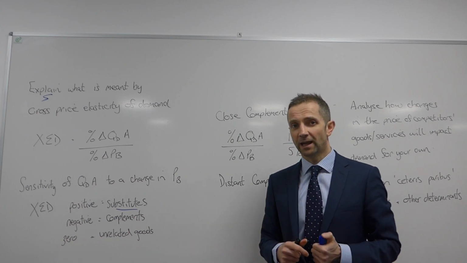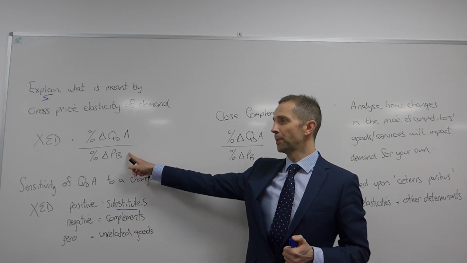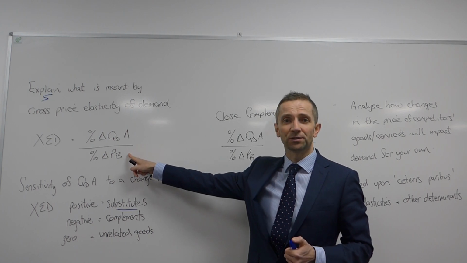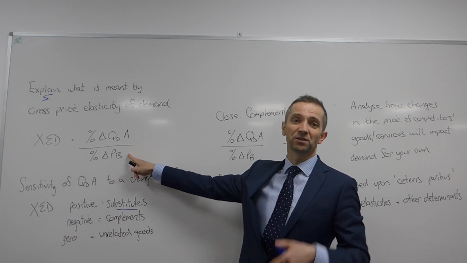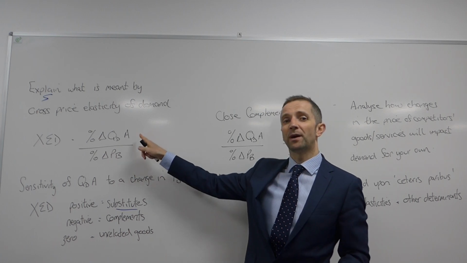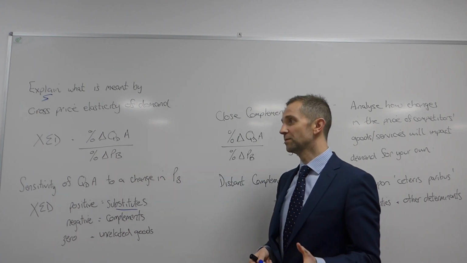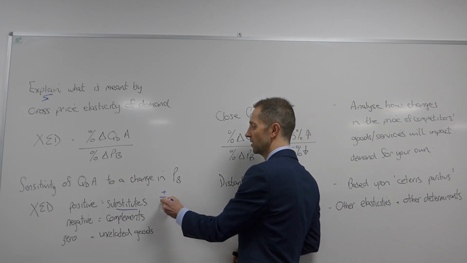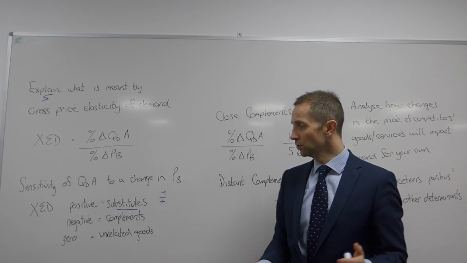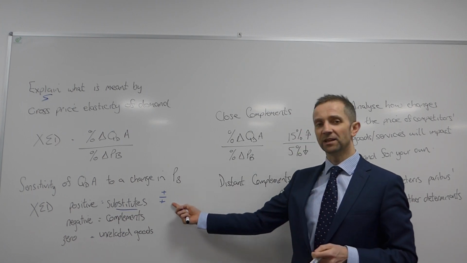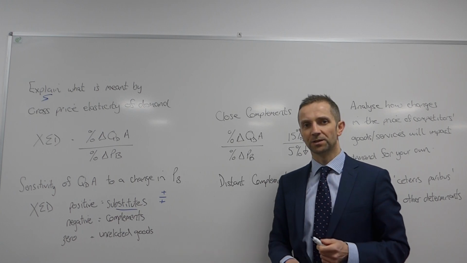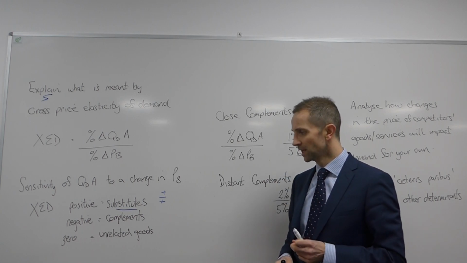So if we say that the price of tea goes up, well, if that's the case, then it's probably also going to be the case that people will switch to the substitute, and so they will buy more coffee. So the quantity demanded of A would go up. So in that instance, you'd have a positive over a positive to give you a positive outcome. Price of tea goes up, people switch, and they buy more coffee, vice versa. So positive outcomes for substitutes.